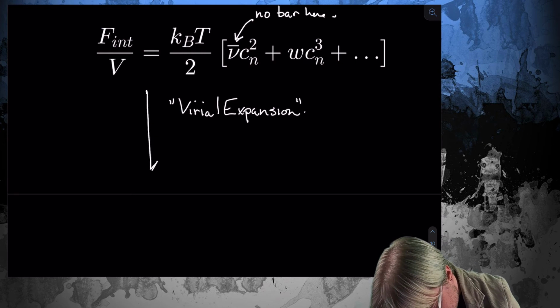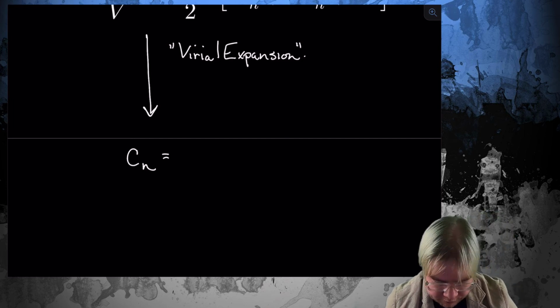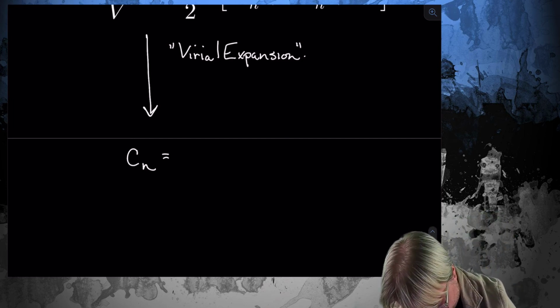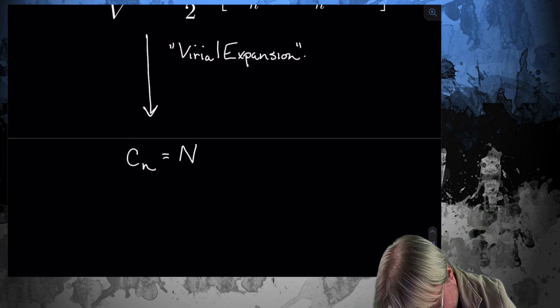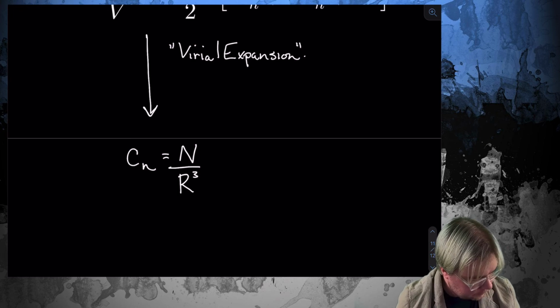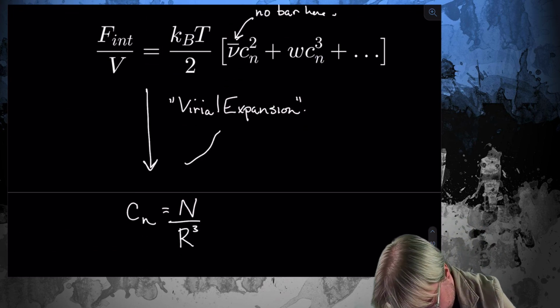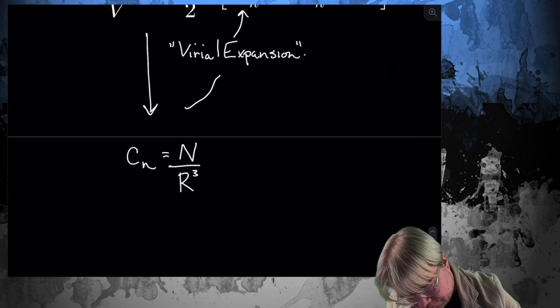So in this case, what's this concentration Cn? Well, it's the number density of monomers. So it's going to be the number of monomers, N, divided by a volume. Okay? So if we substitute this in for each of these, what do we get?